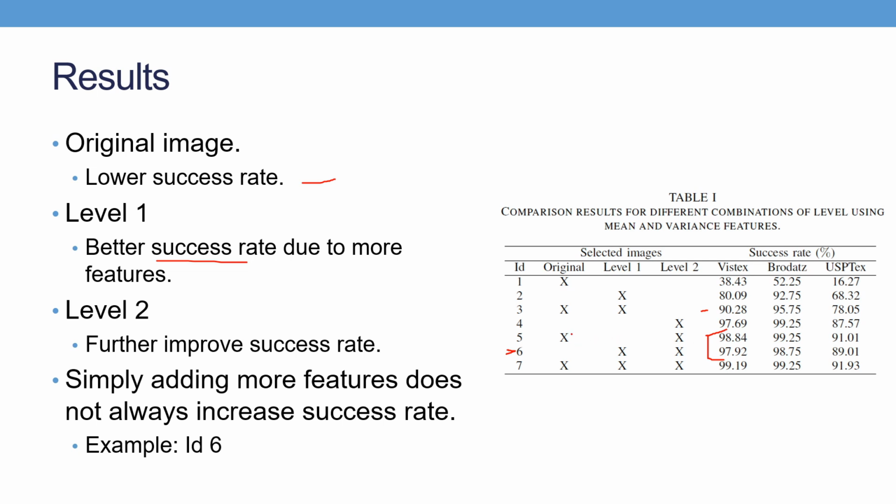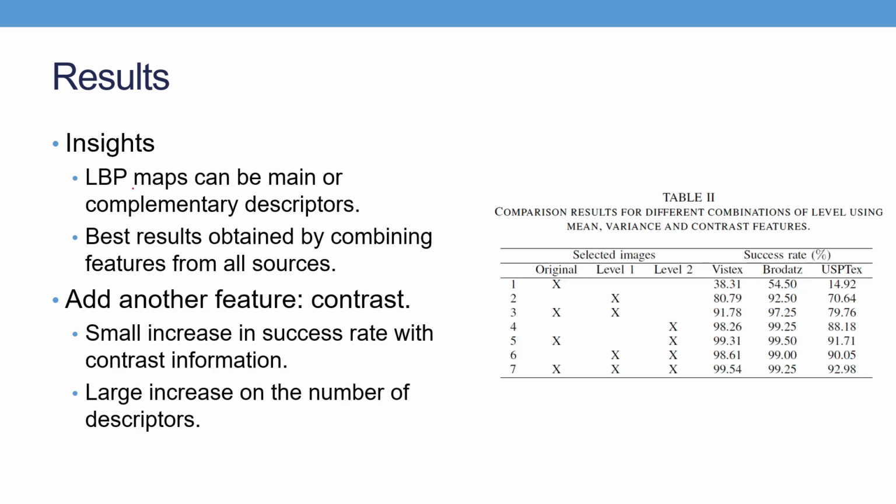So features from the original image are relevant for the combination. LDP maps can be main or complementary descriptors. Alone they have a good result, but they complement the original features and improve the accuracy.